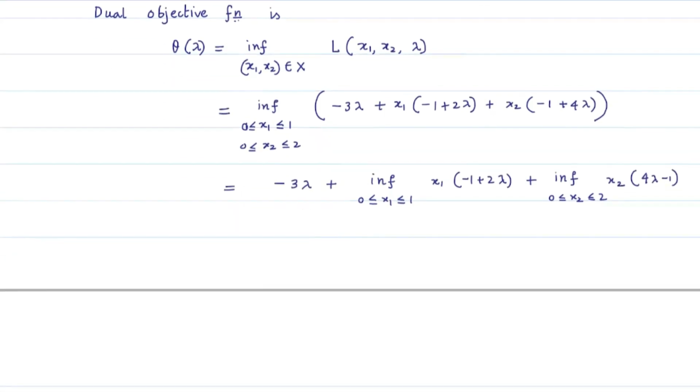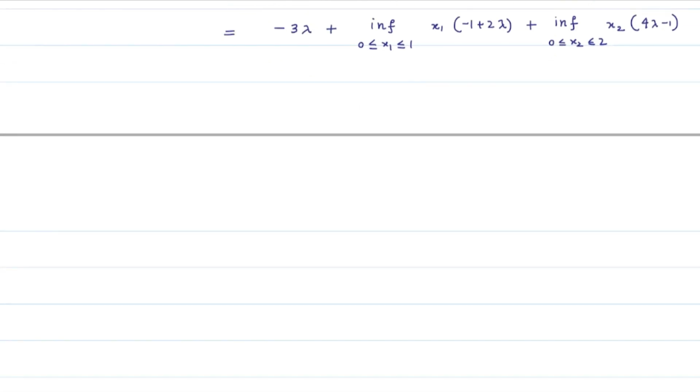Now let us go for executing this expression. At first let me separately identify this expression and then this expression. To find this expression, we notice that if this term 2 lambda minus 1 is non-negative, then this infimum value is given by the value 0, right?